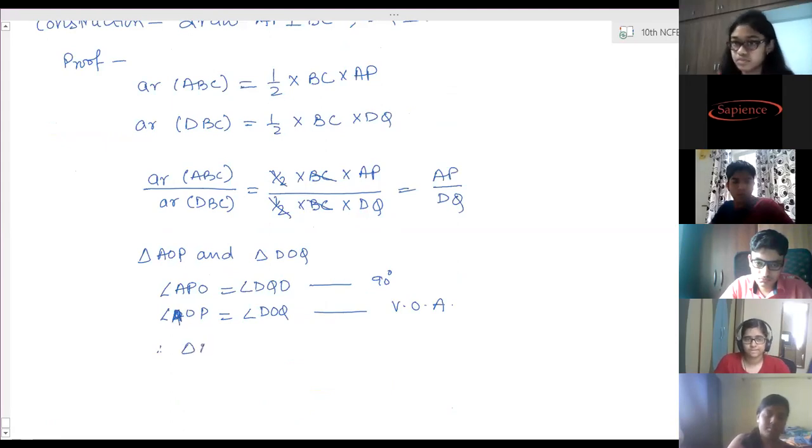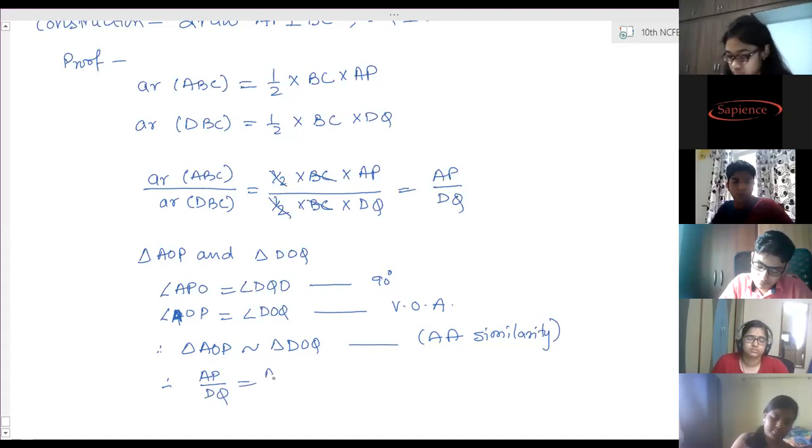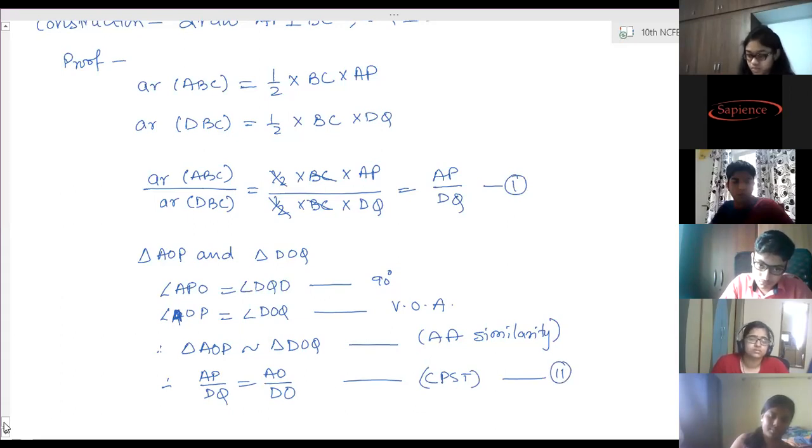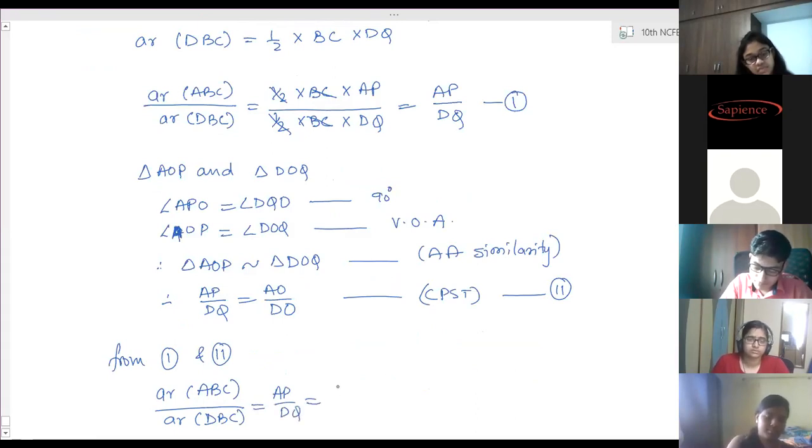So therefore, triangle AOP is similar to triangle DOQ by AA similarity. And therefore, AP by DQ is equal to AO by DO by CPST. Consider this as 1, consider this as 2. So from 1 and 2, area ABC by area DBC is equal to AP by DQ, as we have written, and AP by DQ is equal to AO by DO.